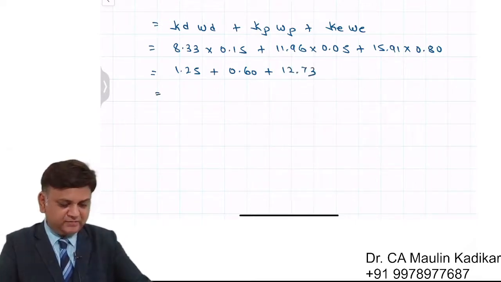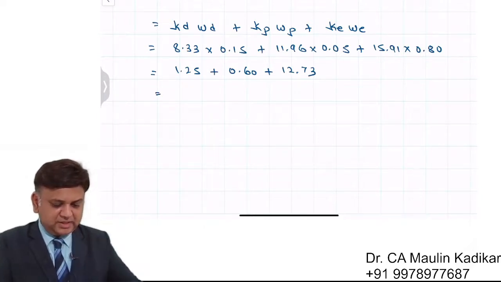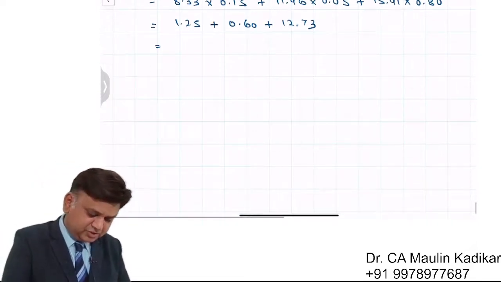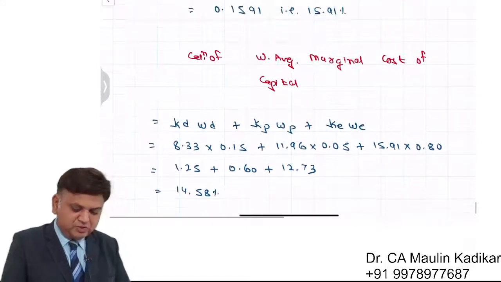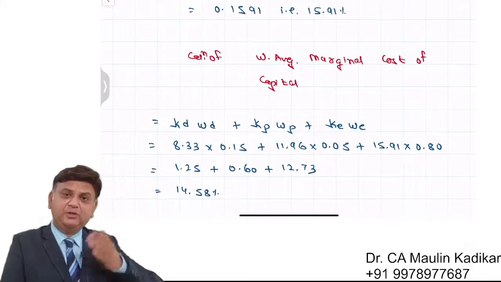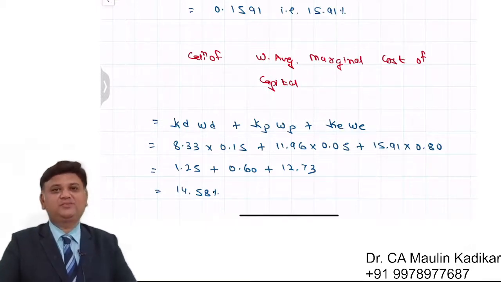So finally it is 1.25 plus 0.60 plus 12.73, that comes to 14.58 percentage. So for any requirement of the funds beyond 14750, this is the minimum rate at which we are supposed to earn.